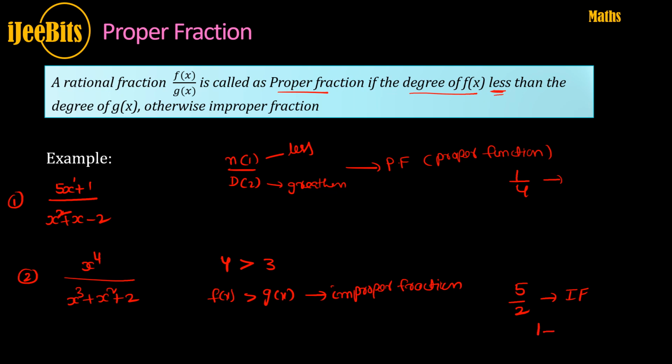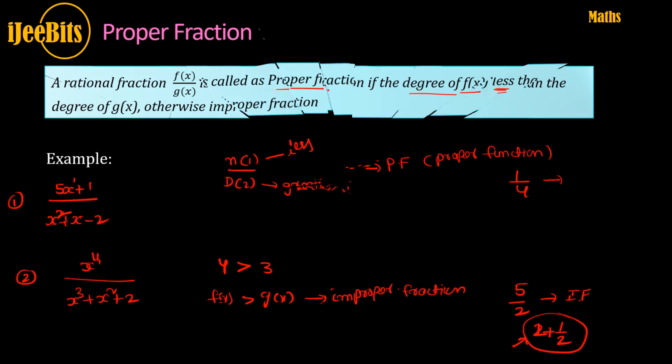You get a whole number: 2 plus 1 by 2, that is 2 whole parts plus half. That's what 5 by 2 means. So this is nothing but a mixed fraction and an improper fraction. Clear? Let's move on to the next topic.